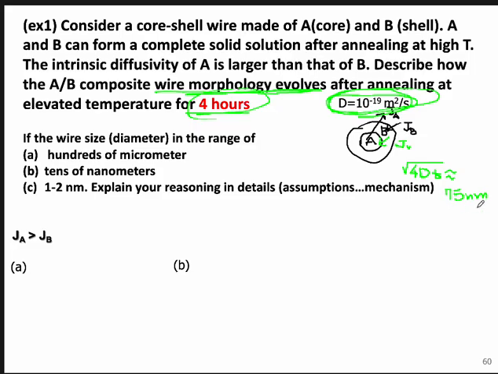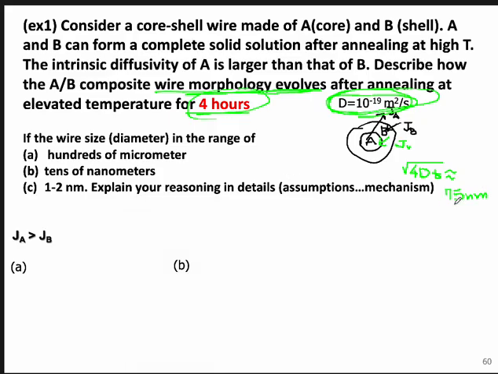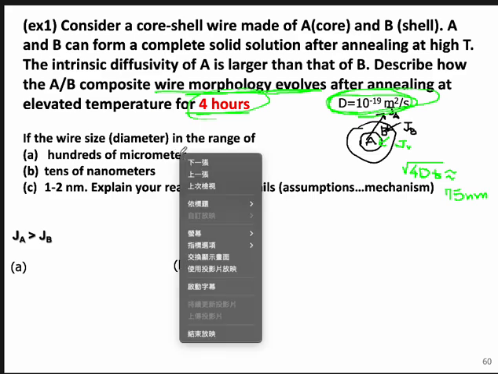So you will finally get around 75 nanometers. Based on this, the diffusion length is around 75 nanometers. Compared to a diameter in hundreds of micrometers, this is quite small, right?